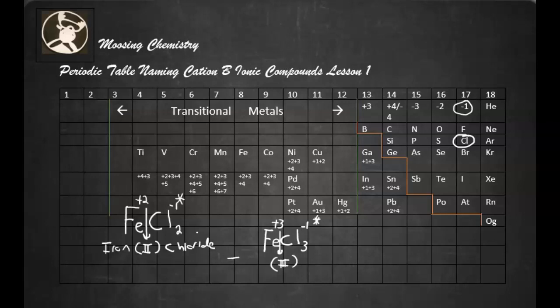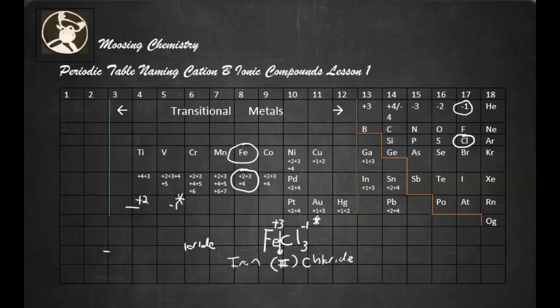And this is going to be iron(III) chloride. Look at this: the element iron can have a +2, a +3, or even a +4 charge. So it's a Cation B element. Okay, it's starting to make a lot of sense.